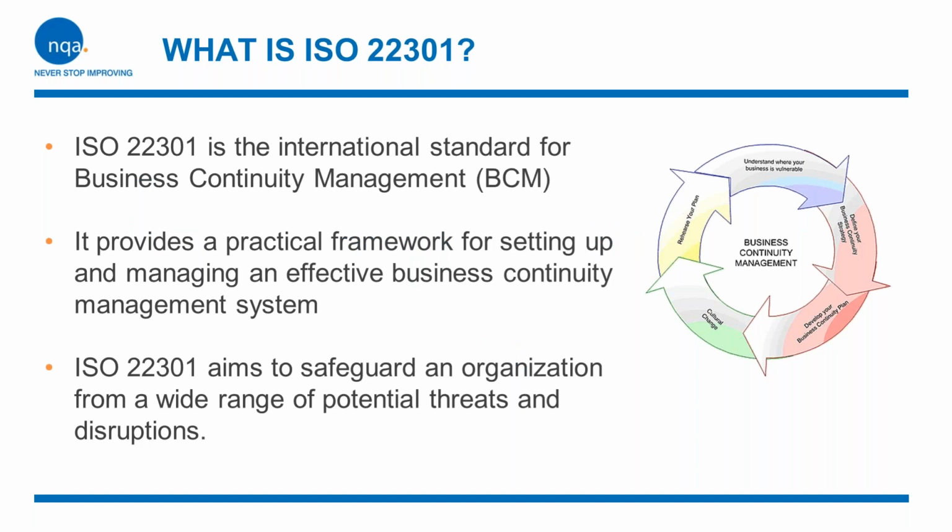So what is 22301? Since its initial release in 2012, ISO 22301 has made a dramatic impact on how business continuity programs are designed, managed, and continuously improved. The standard provides a coherent approach to developing a business continuity management system.